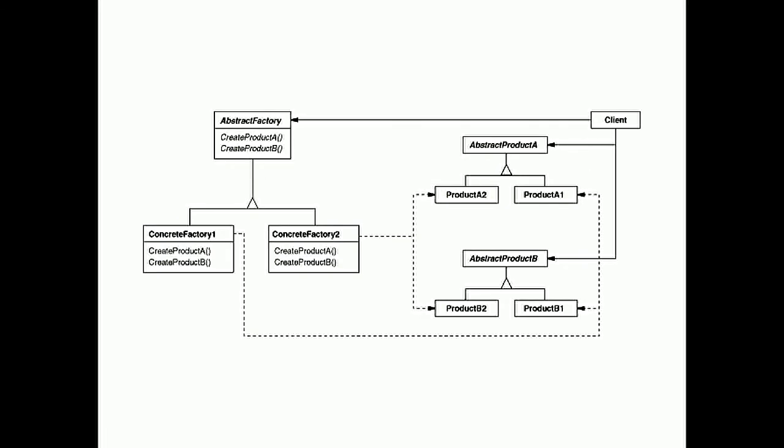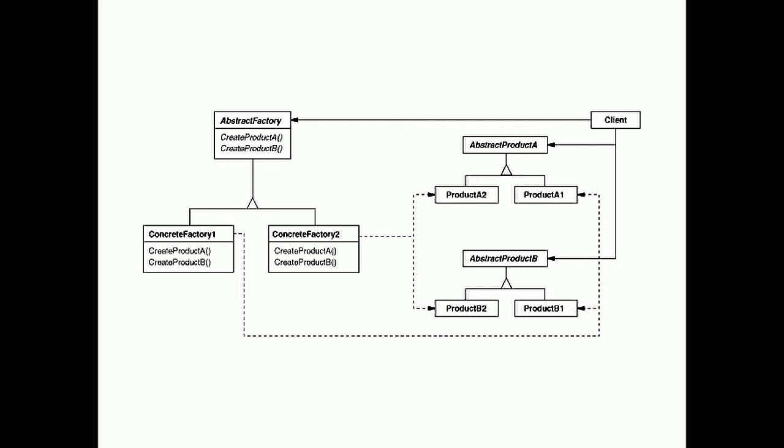In general, this diagram can be described like this, that a client has dependencies on some abstract products, A and B. The abstract factory has methods for creating these, and every concrete factory produces a related set of products, A, B, and C, such that they go together in some sensible way.